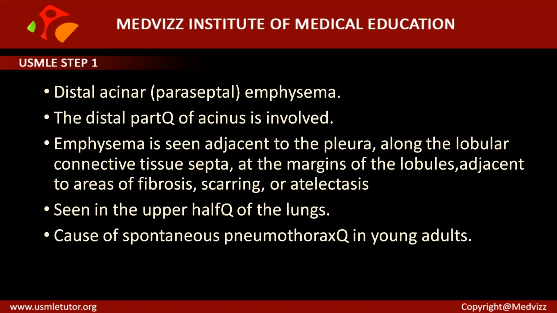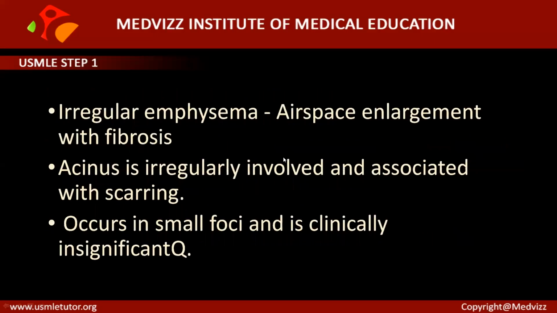So after the distal acinar type, let us move on to the next one. It is called irregular emphysema. In irregular emphysema, you cannot exactly say the anatomical location because it may be centriacinar, it may be panacinar, it may be distal. So it's all over the place. That's the reason we call it irregular emphysema.